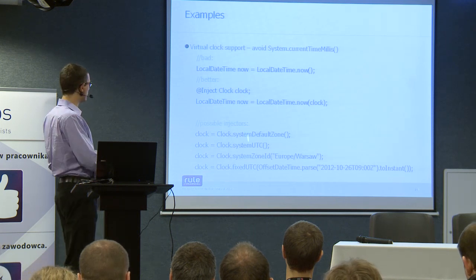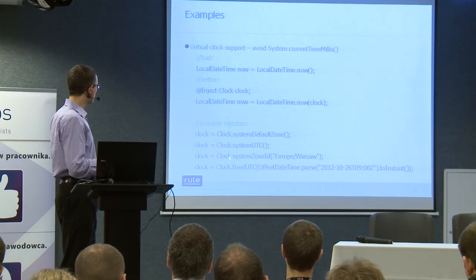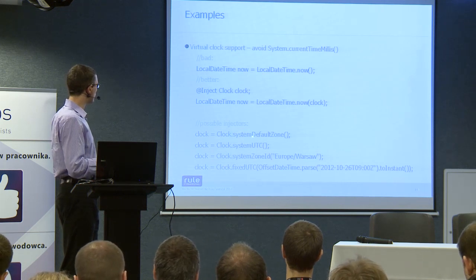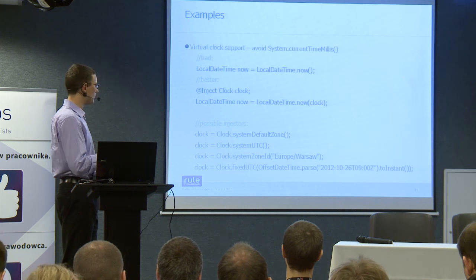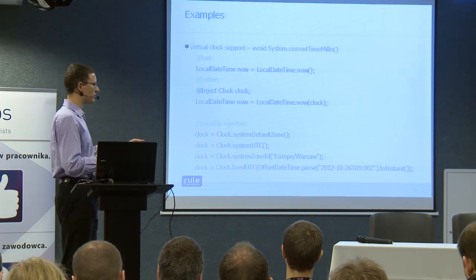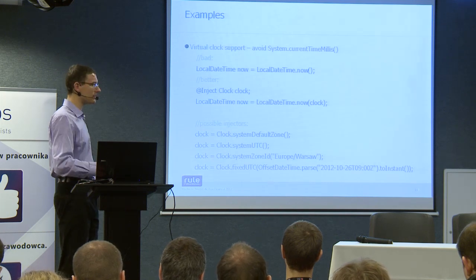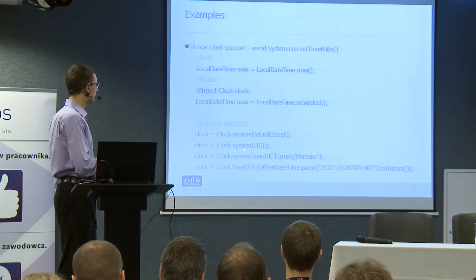Not sure if you see this part here, but here I've put some examples of different clocks which you can create. So system default zone, the basic one, the same as in your system, the same time zone, the same time. System UTC, so it's the same time but converted to the UTC time zone.